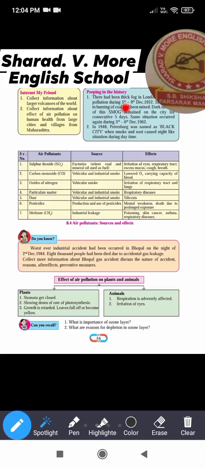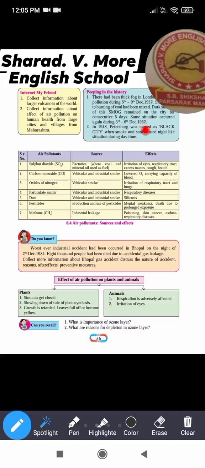First one, there had been thick fog in London due to air pollution during 5th to 9th December 1952. Smoke due to burning of coal had been mixed. Dark shadow of this smoke remained on the city for consecutive 5 days. A similar situation occurred again during 3rd to 6th December 1962.